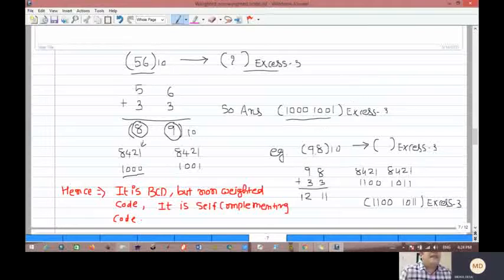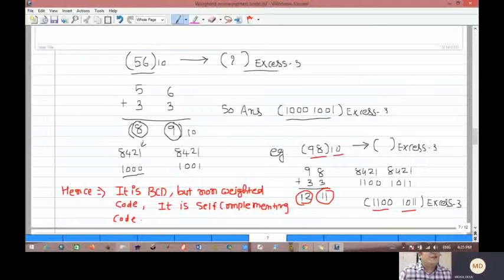Now take another example where a digit plus 3 is greater than 9. Suppose 98 decimal. When we convert into excess-3, we add 3. So 8 plus 3 is 11, and 9 plus 3 is 12. Now we convert according to 8421 code. 11 is 8 plus 2 plus 1, and 12 is 8 plus 4. So the excess-3 code is 11001100.